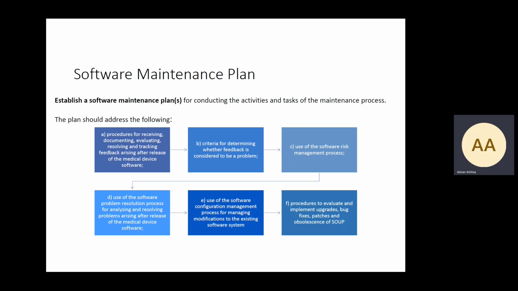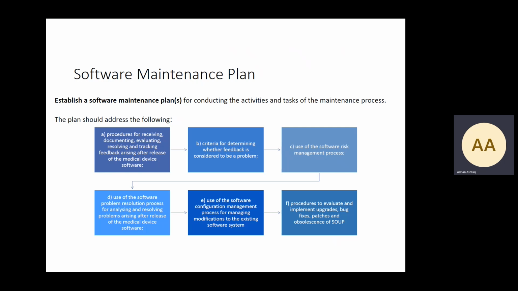It should have a procedure for receiving, documenting, evaluating, resolving, and tracking feedback arising after release of the medical device software. So now we're into post-market activities. Criteria for determining whether feedback is considered to be a problem. Number 3, use of the software risk management process.